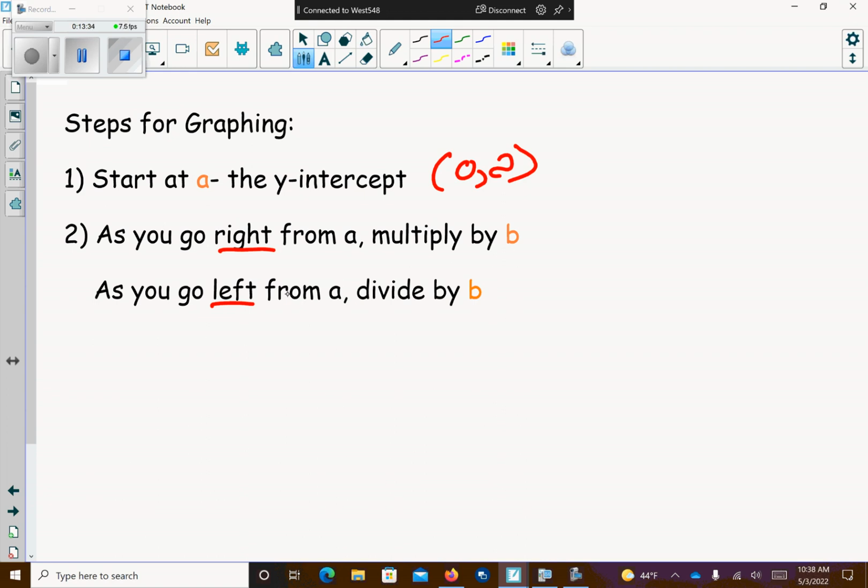I think we can deal with that. So 0, a is where it crosses the y-intercept. As you go to the right, you multiply by B. As you go to the left, you divide by B. Okay, right and left is just, right being this way, left being this way. Is that okay so far? Can I move on?